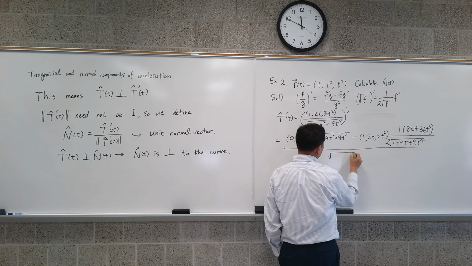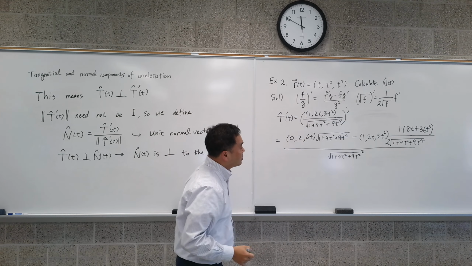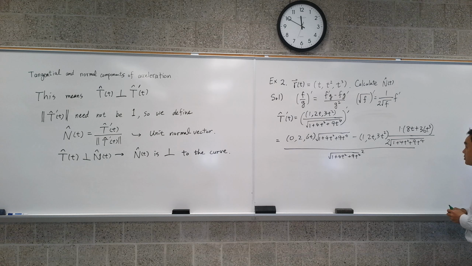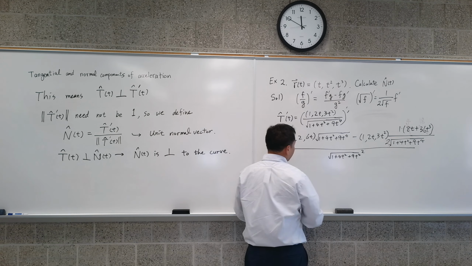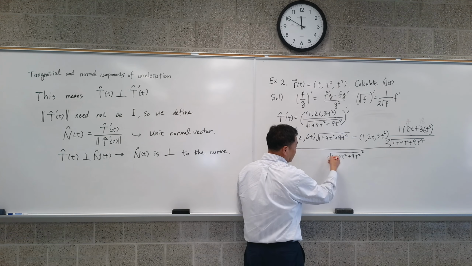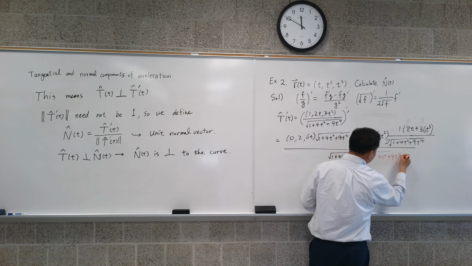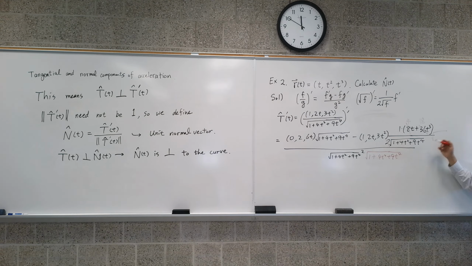Over squared. Now I can cancel this 2 with both 8 and 36, so that this becomes 4 and this becomes 18. And I can also multiply this thing itself, top and bottom, 1 plus 4t squared plus 9t to the fourth, top and bottom, this sum of 2. I'm not going to write it, but it's the same thing here.